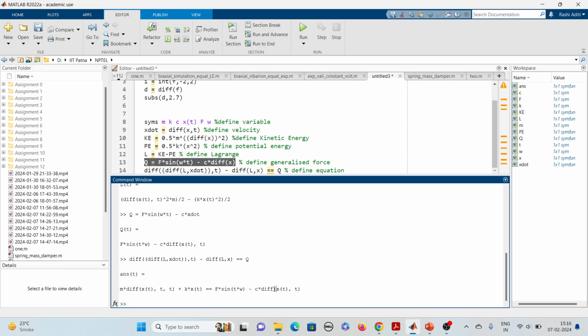Though for a linear system you can do it on your own also. It is not a big task. But I just took this question to give you an understanding of how we can use symbolic functions and symbolic variables in MATLAB to get the equation of motion. This is a very simple case and that is why it looks easy.